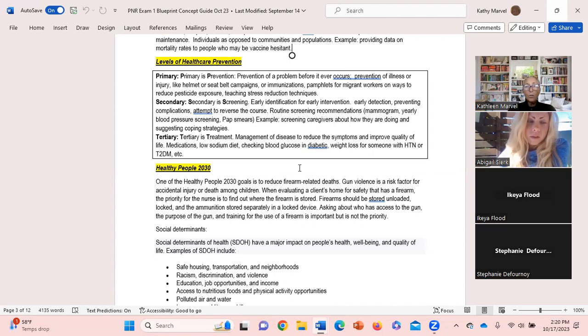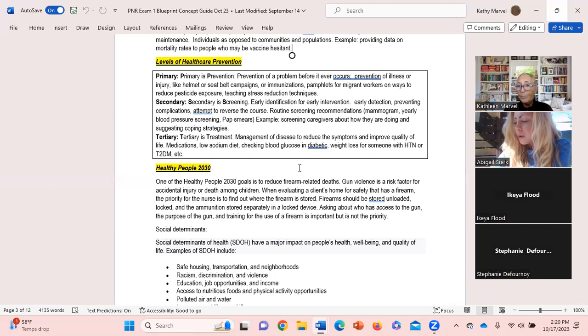What would be something to prevent homelessness? Maybe teaching them about healthy lifestyles, healthy diet, knowing when you're in financial crisis, trying to prevent something before it happens. So primary will look different with a homeless person, a migrant farm worker, a rural population, and somebody living in poverty.